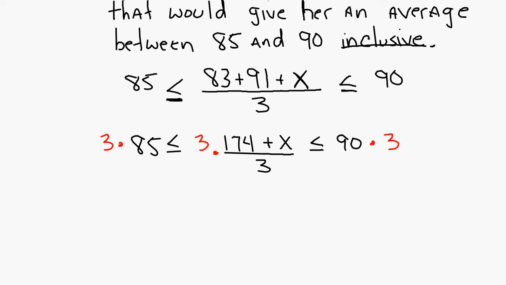So 85 times 3 is 255, is going to be less than or equal to. When you multiply by 3, these 3's cancel, and you're going to have 174 plus X in the middle. And that's going to be less than or equal to 270. Now you've got to subtract 174 from everything.